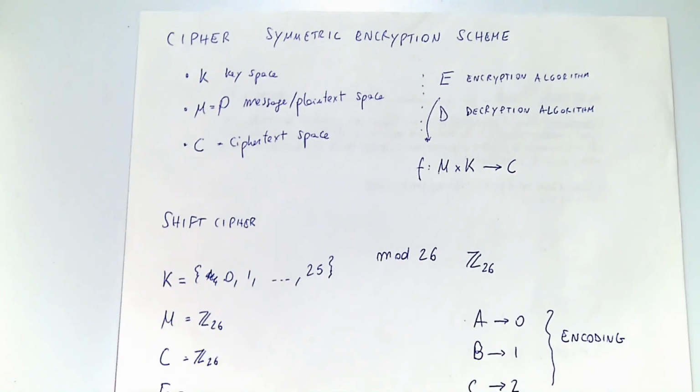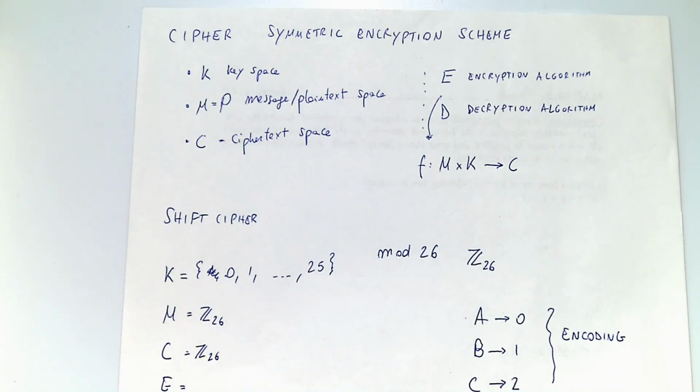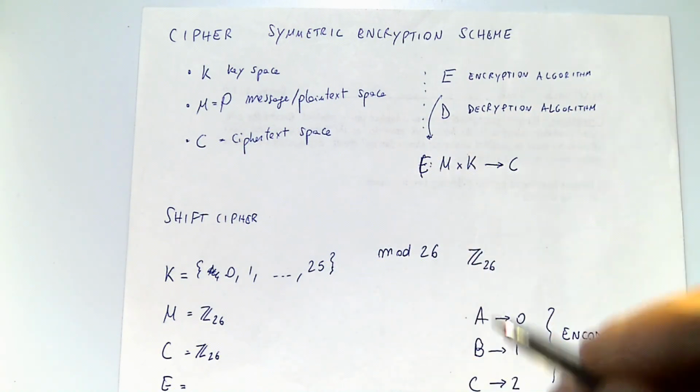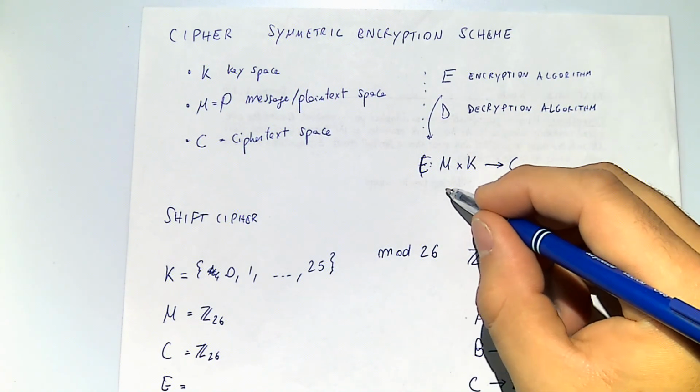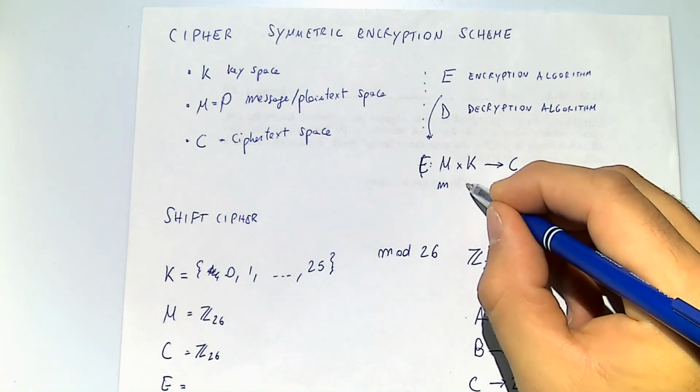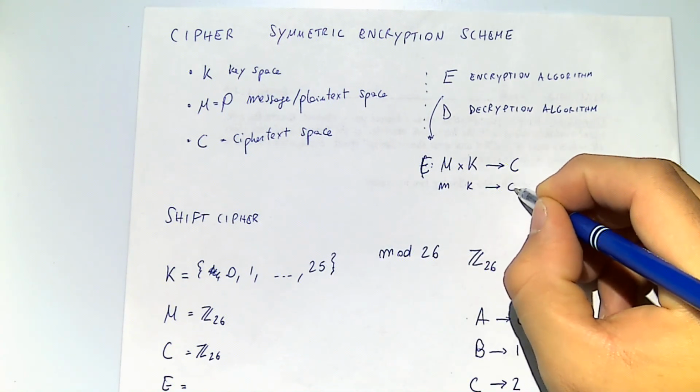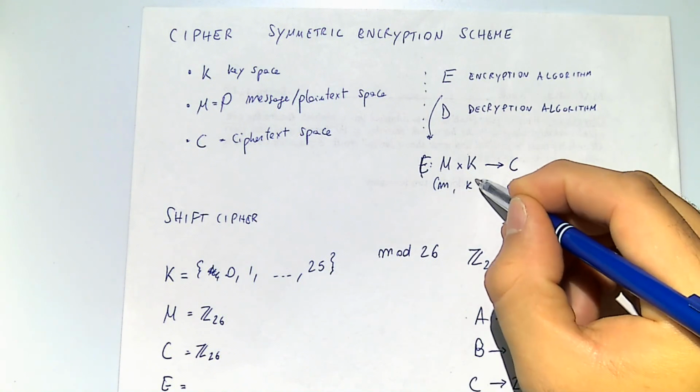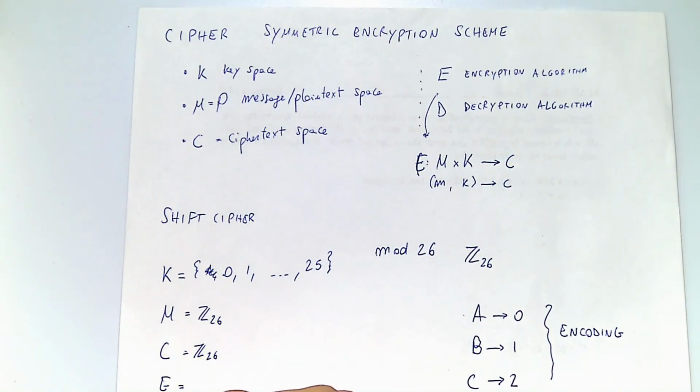Let's say this is E, and it takes a message here and a key here and returns a ciphertext. In this case, this is just defined as message plus key modulo 26, of course.